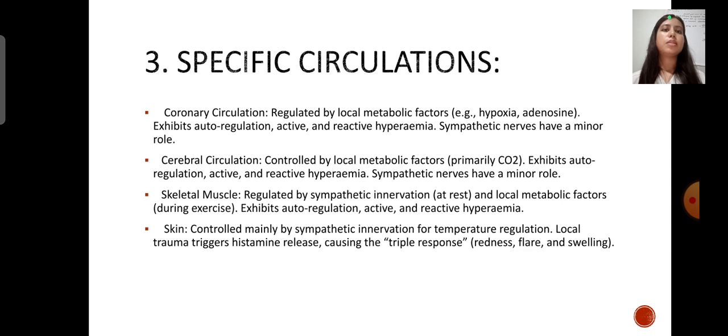Then we have skeletal muscle, which is regulated by the sympathetic innervation at rest and local metabolic factors during exercise, exhibiting autoregulation, active and reactive hyperemia, as well as, lastly, the skin, which is controlled mainly by the sympathetic innervation for temperature regulation, and local trauma triggers histamine release, causing the triple response of redness, flare, and swelling.